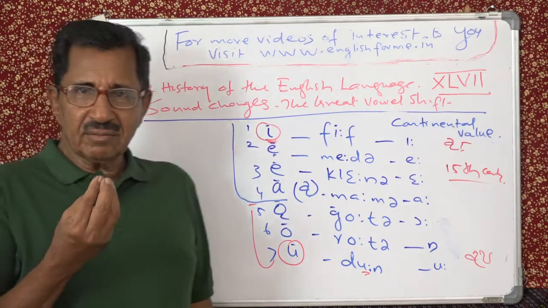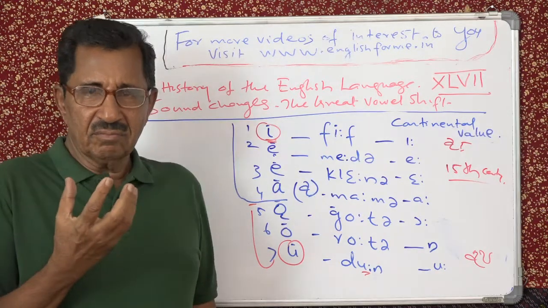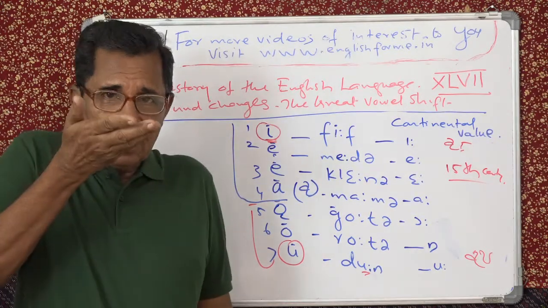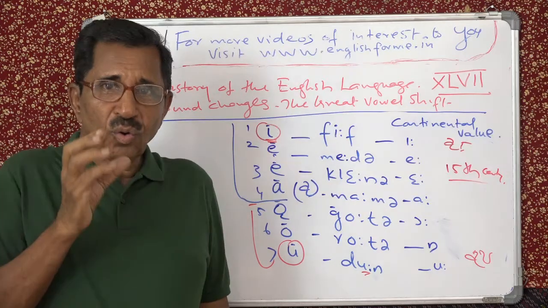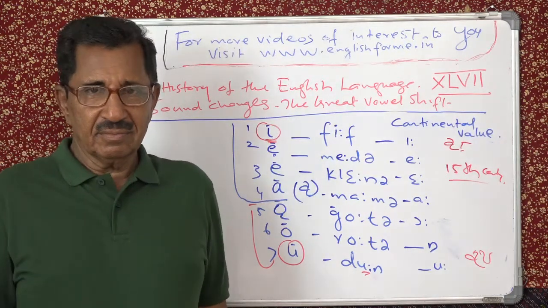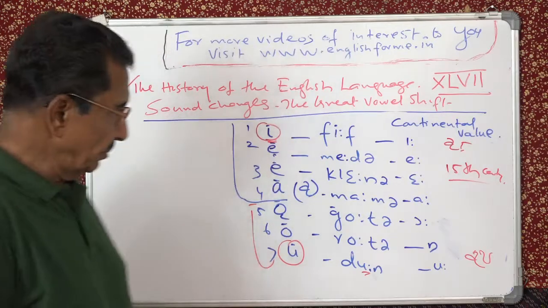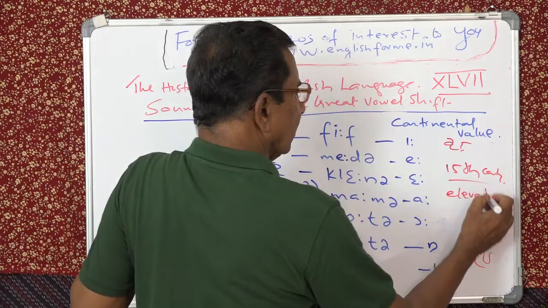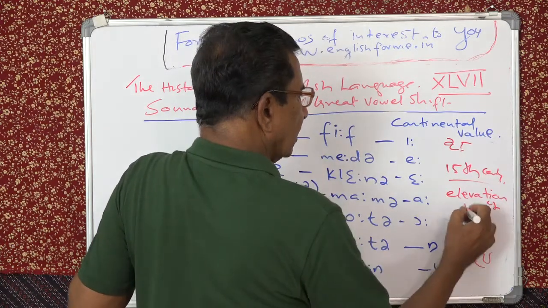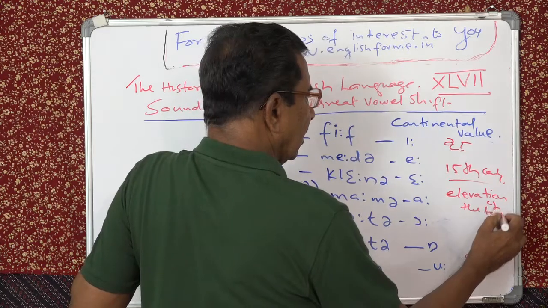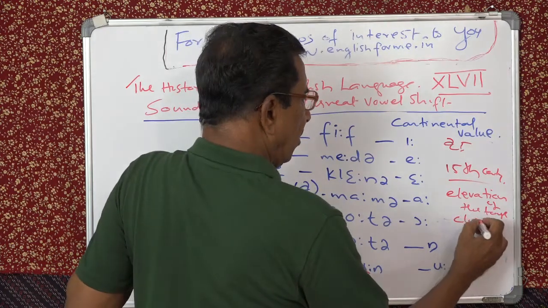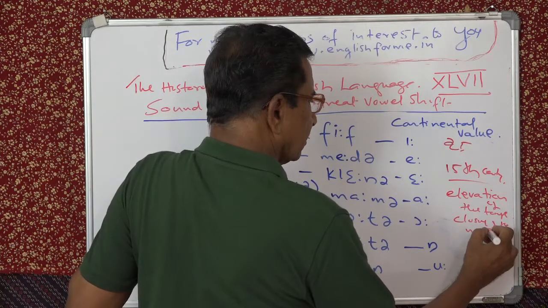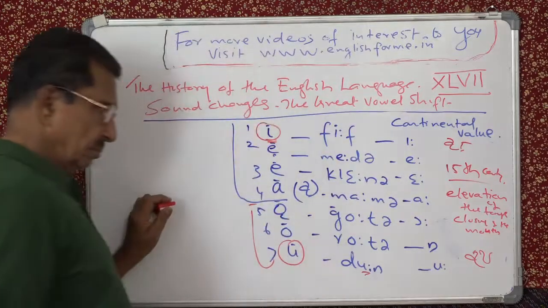These vowels were being pronounced by people with elevation of the tongue and closing of the mouth. Two things happen: elevation of the tongue and closing of the mouth.